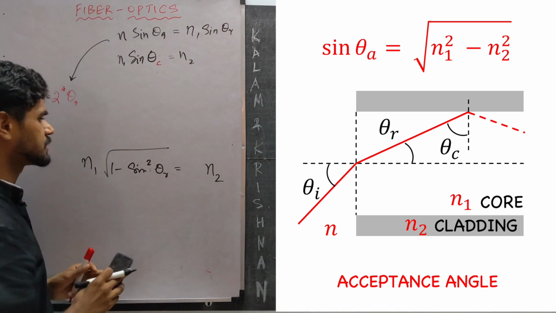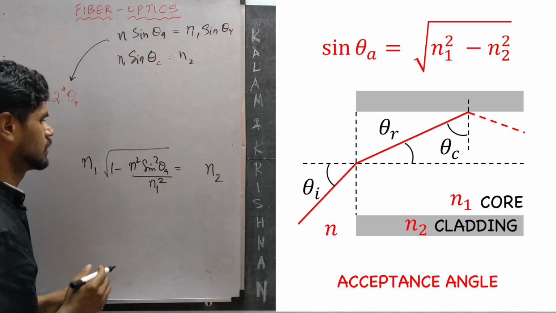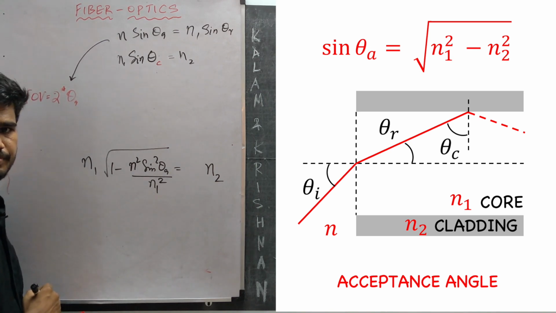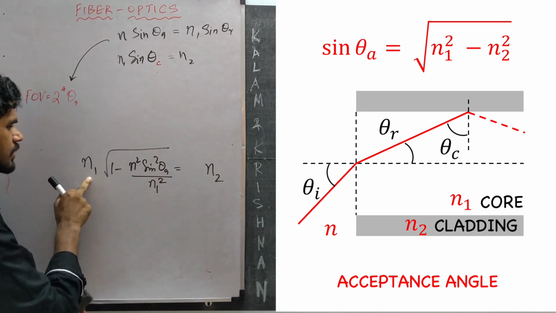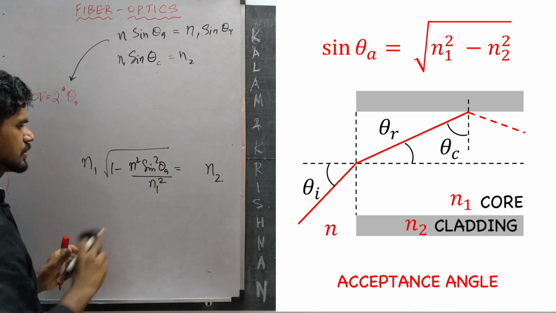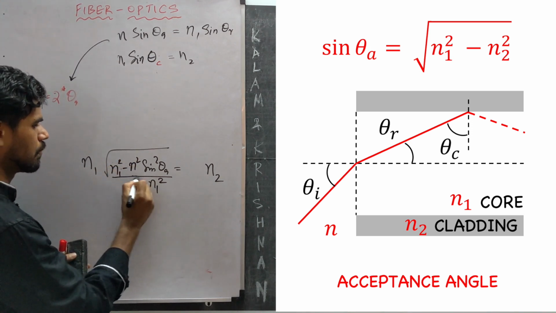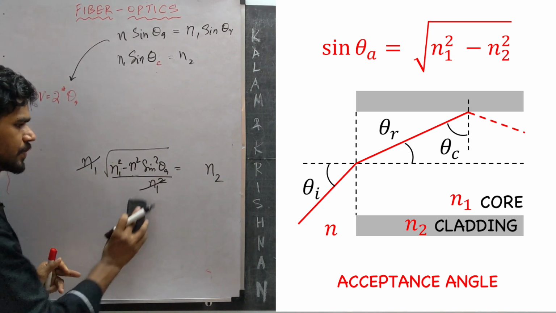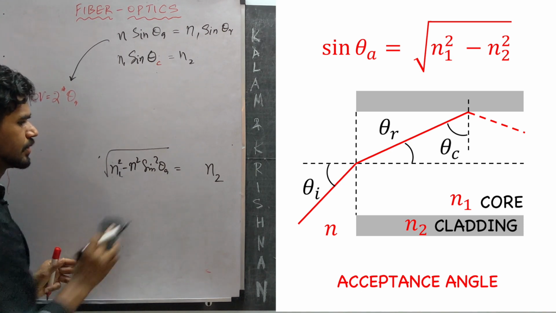That gives us n square sin square theta A by n1 square. Now we notice we can cancel n1 and this n1 square. So this is n1 square minus this by n1 square, and this gets cancelled. So we don't have a denominator here.